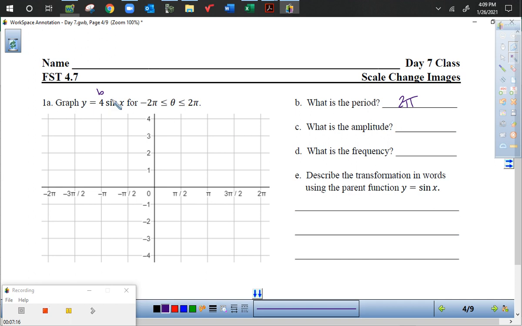The amplitude is what's going to change. Normally our amplitude for sine is based on the height we talked about, just this distance. We know that the maximum height for both sine and cosine is 1. Well, if we stretch it by a factor of 4, what that's going to do is increase the height of our curves for each of these, and so now that distance is 4 instead of 1, and that number is directly the amplitude.